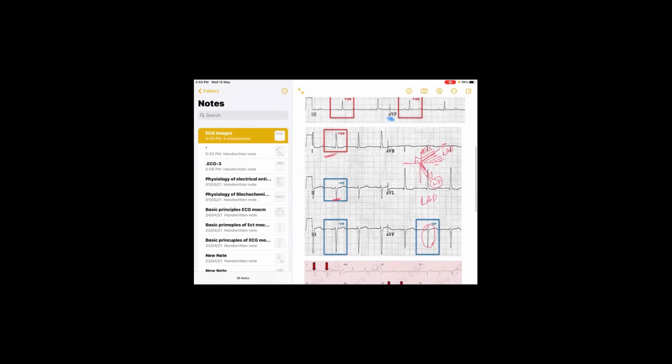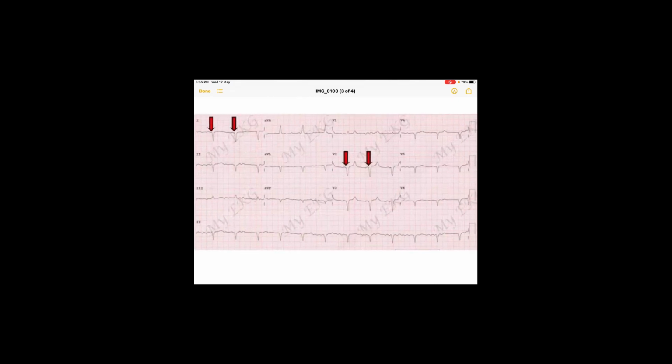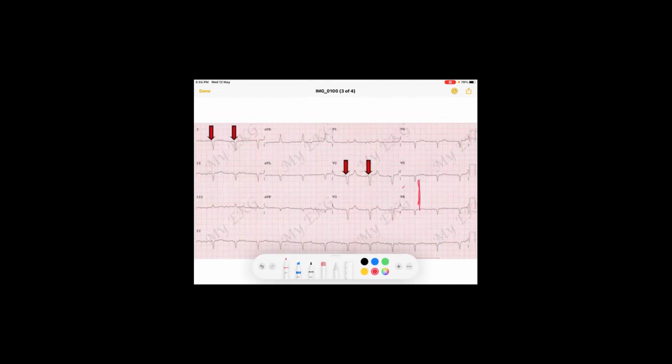Let's see here. Lead 1 is negative somewhere here, and AVF is also negative, so this is extreme axis or northwest axis deviation.